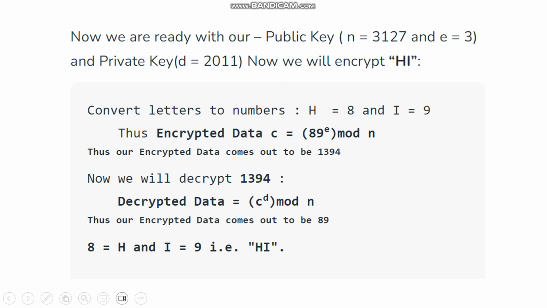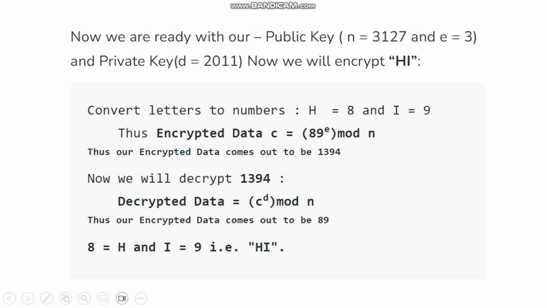And now we will encrypt the word HI. We convert the letters to numbers. H is 8 and I is 9. Thus, the encrypted data is 89 to the power e mod n, and thus our encrypted data comes out to be 1394. Now we will decrypt this data.